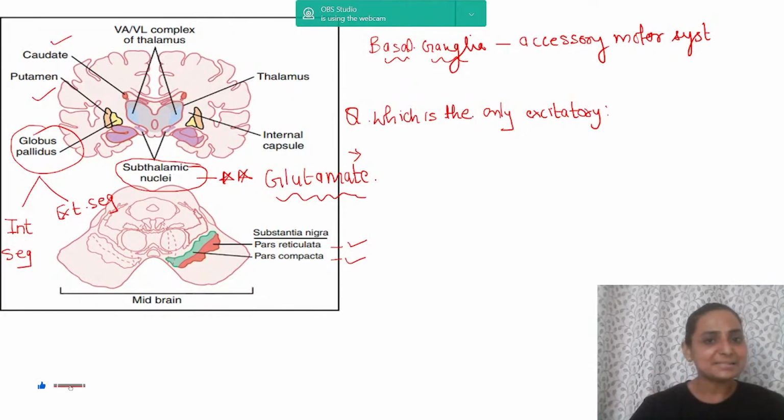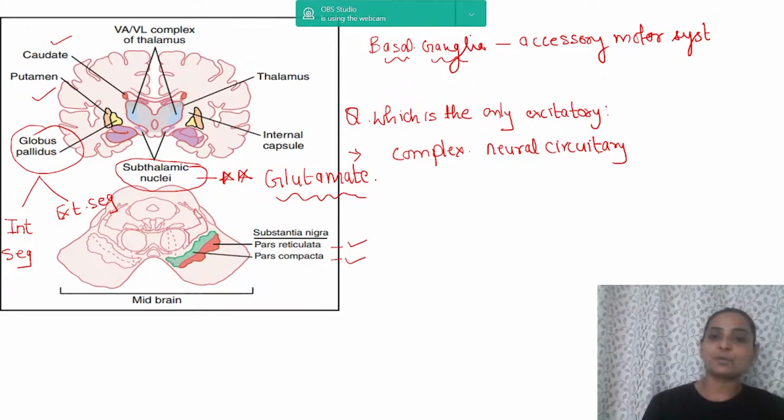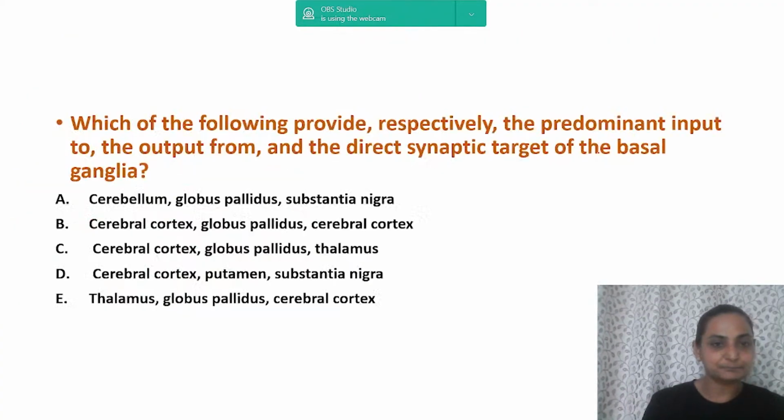Now you know basal ganglia, like the cerebellum, has a very complex neural circuitry that is actually responsible for the start or stop of movement or for maintaining the motor movements. Before I explain that neural circuitry, try to answer this MCQ.